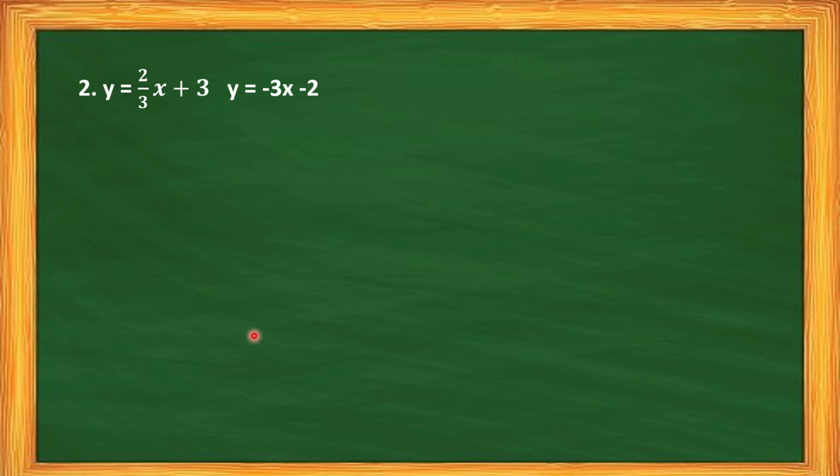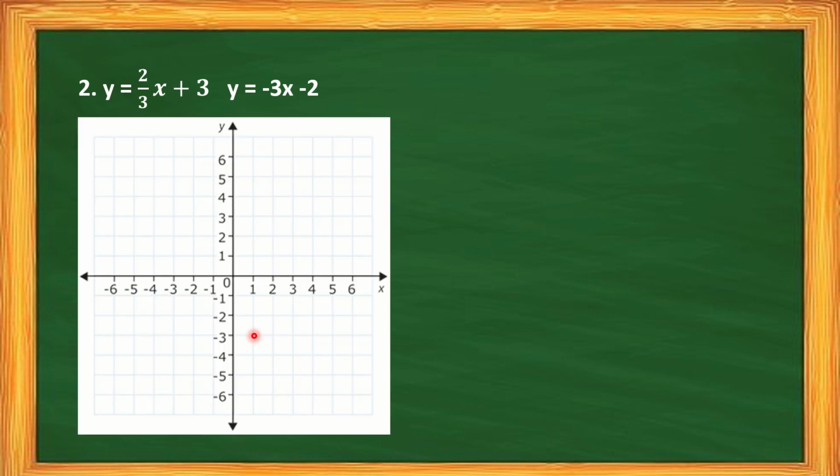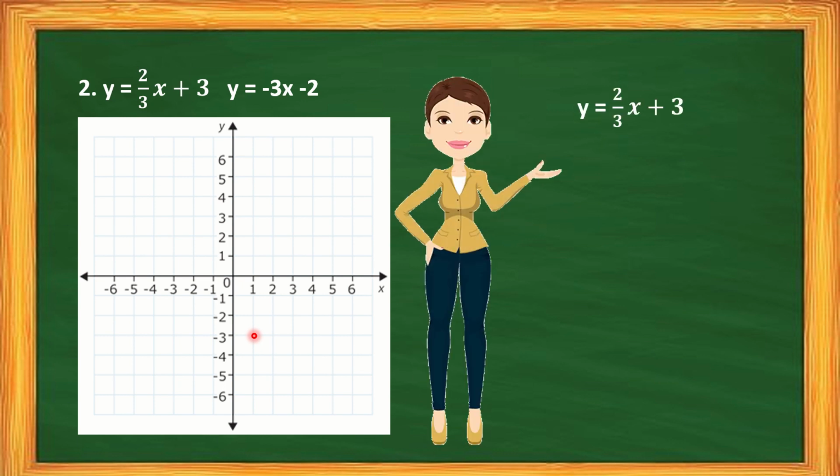For number 2, our equations are y equals 2/3 x plus 3 and y equals negative 3x minus 2. In the first equation, our slope is 2/3 and our y-intercept is positive 3. Again, plot first the y-intercept, 3.